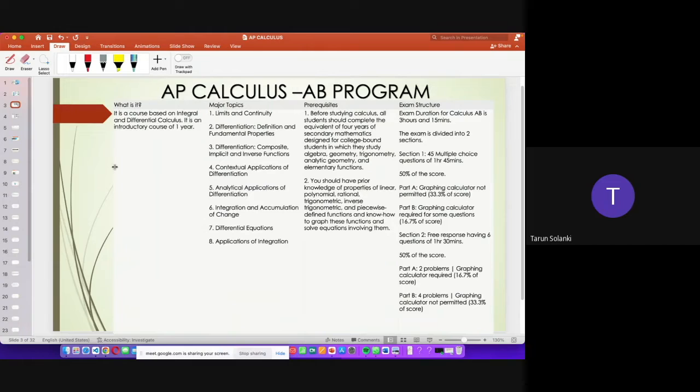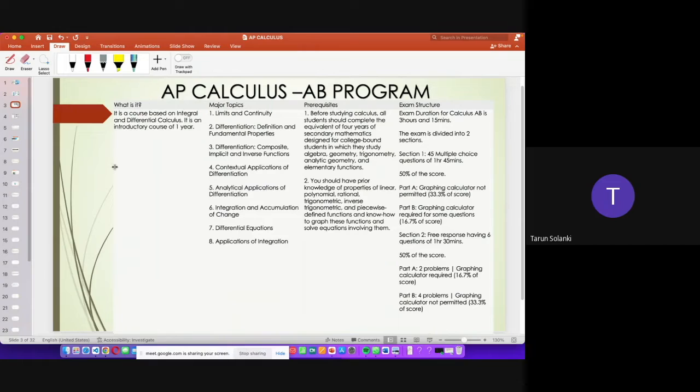Now let's discuss a few things about the exam related to the AB program. The exam duration for Calculus AB is 3 hours and 15 minutes. The exam is divided into two sections. The first is 45 multiple choice questions in 1 hour and 45 minutes, which is 50% of the score.